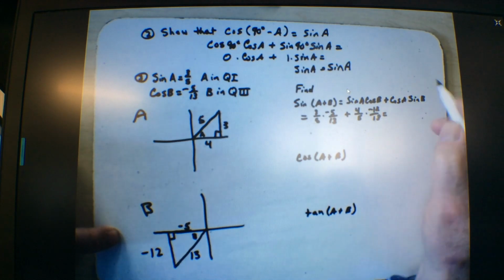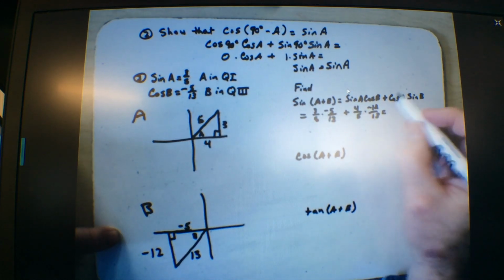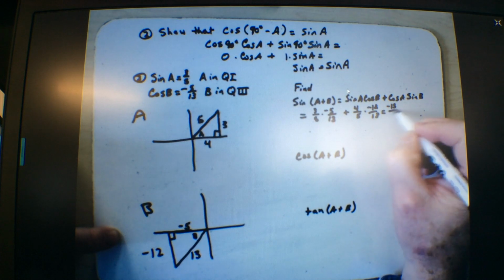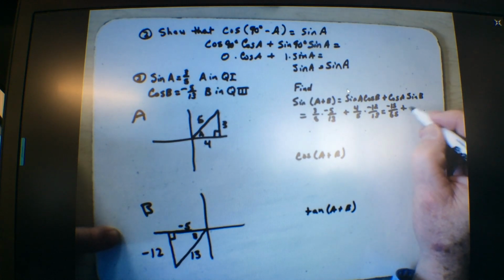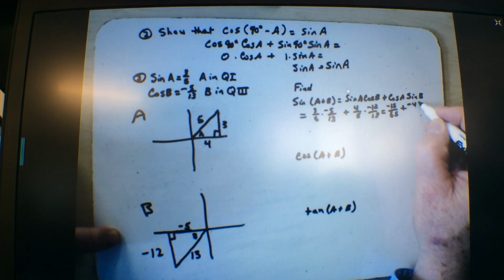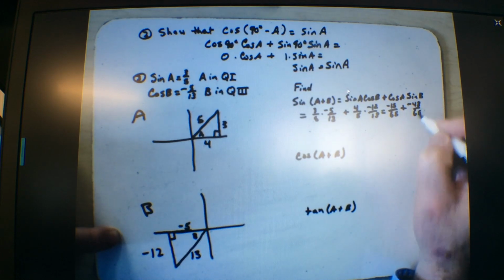So I get negative 15 over 65, plus a negative 48 over 65.